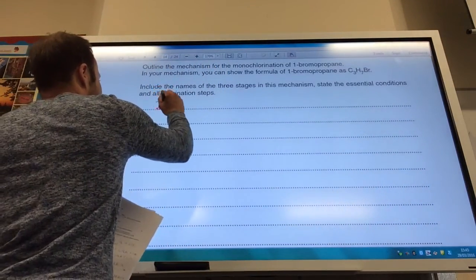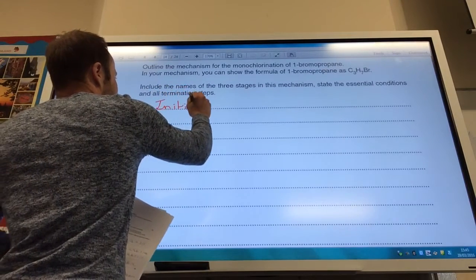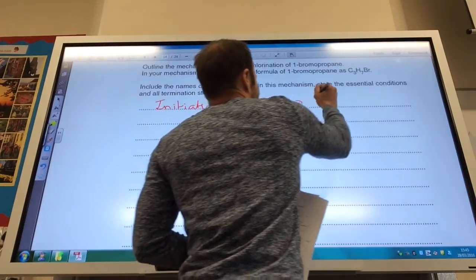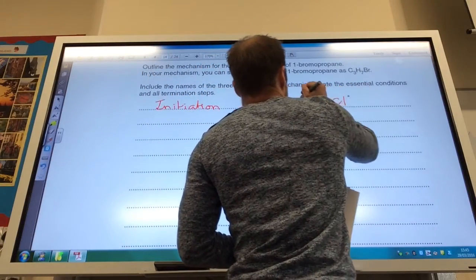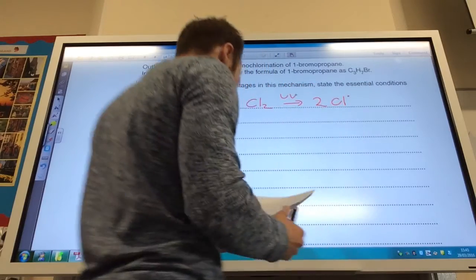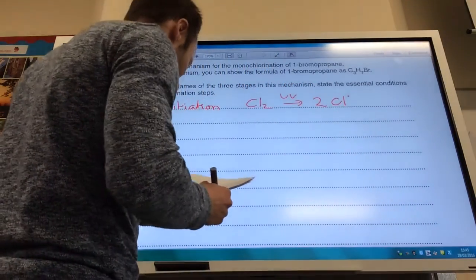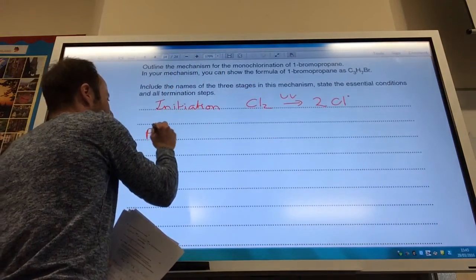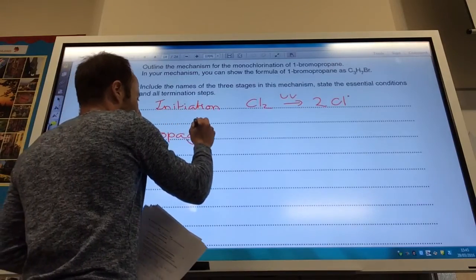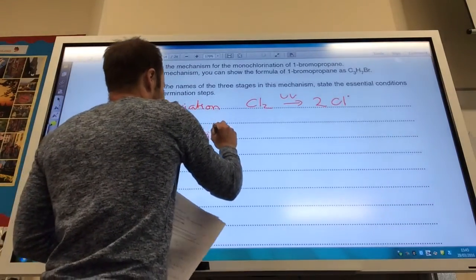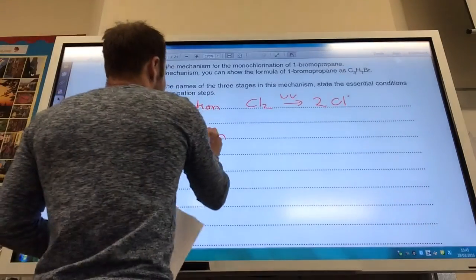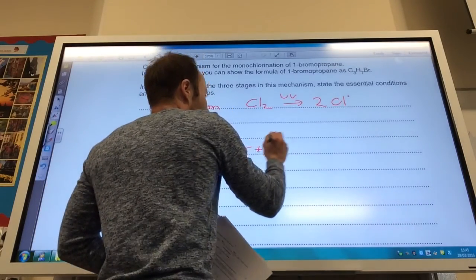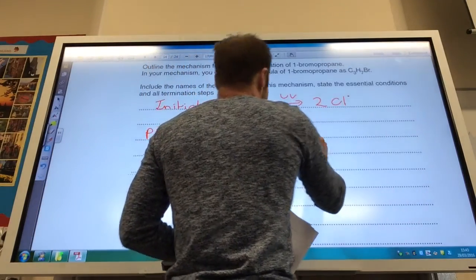Okay, so here we go. You know that we have initiation first of all, and that uses UV light. My chlorine molecule breaks up to give me 2 chlorine free radicals, and you can always put UV light on there. That is your essential condition, UV light, so best do that. You've then got your propagation. In propagation, you've got C3H7Br is going to meet up with one of those chlorine free radicals.